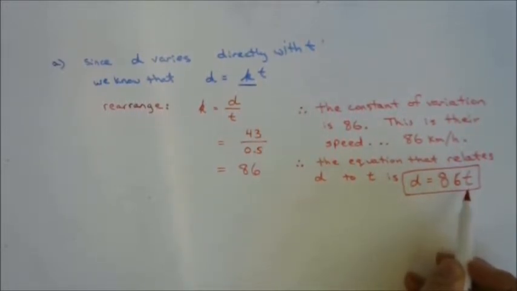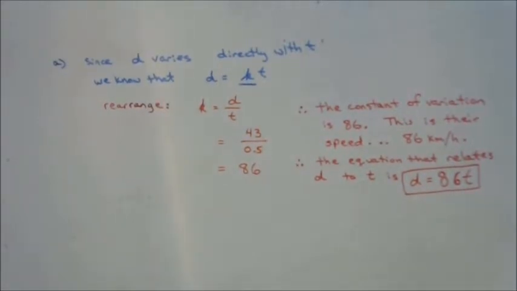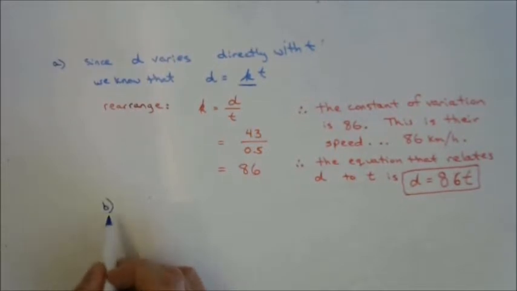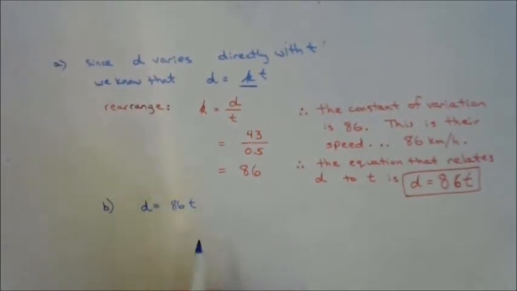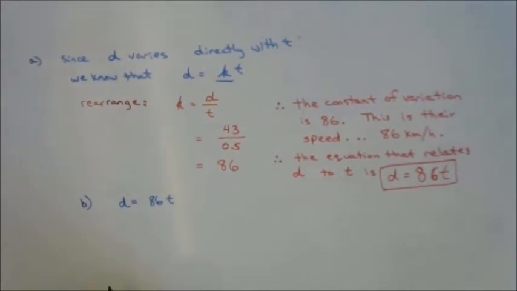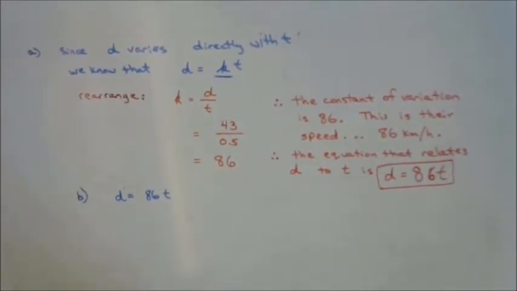Which is exactly what we have to do in question B. Question B says, use the equation that you've just determined to determine how long it will take for the family to reach their destination. So if we know that D equals 86T, what do we know about their destination?